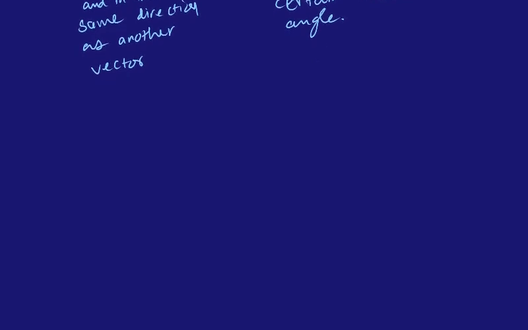So the first one, let's just say that you want to create a vector, let's say the vector is v.